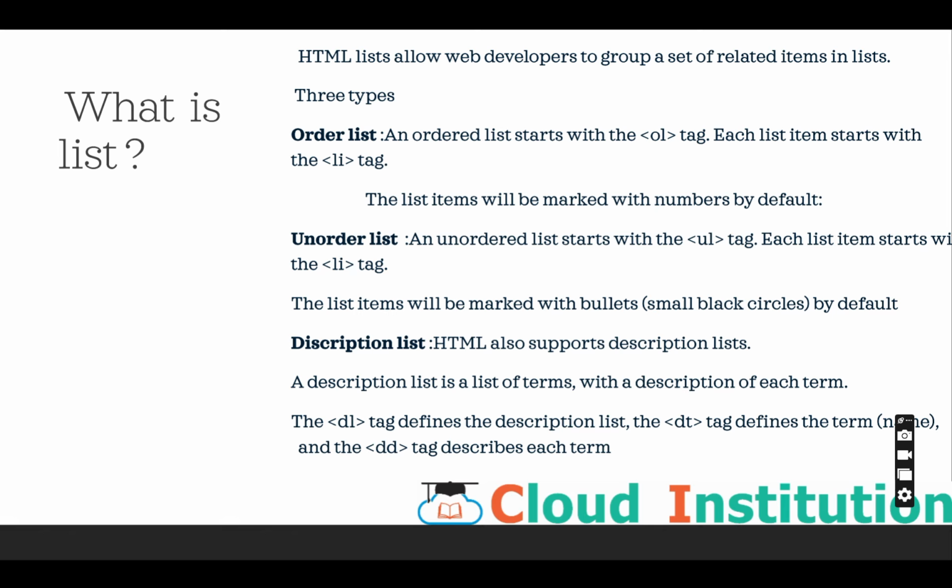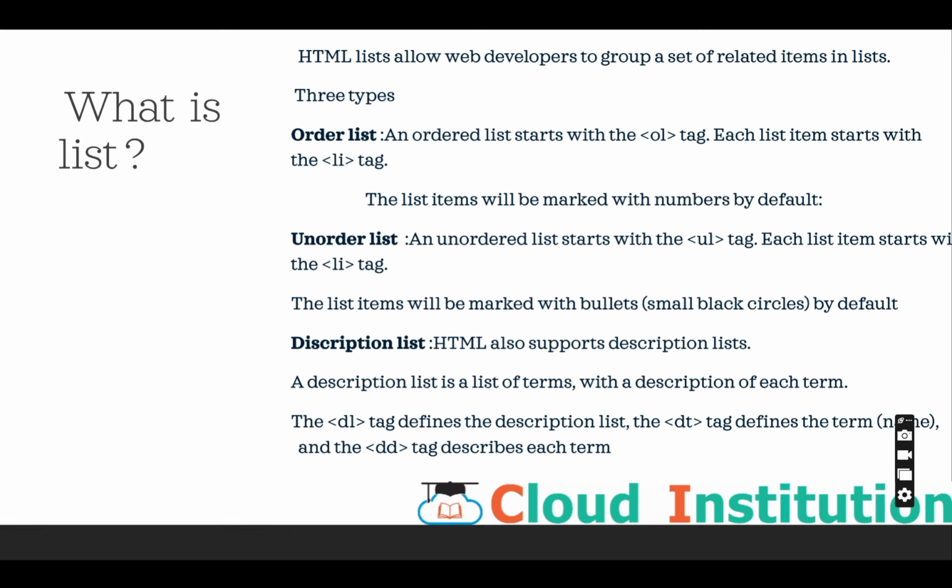So different kinds of lists are there. For veg there is a food list, for non-veg there are different kinds of lists, and for juice there is a juice list. The same thing I want to display on the web. So at that time, how can we do that?